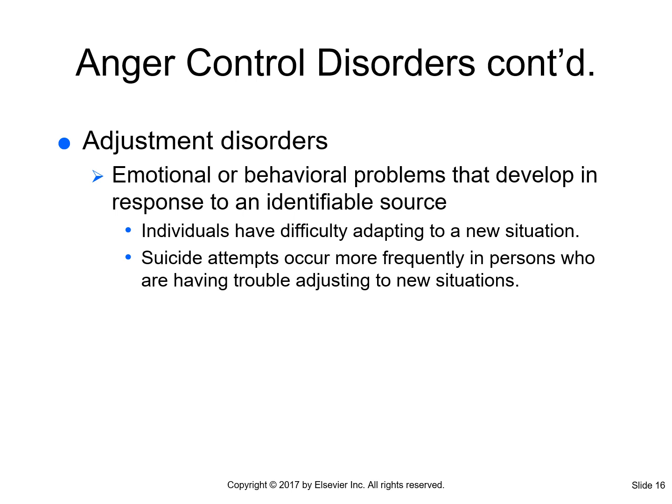Okay, adjustment disorders. These are emotional or behavioral problems that develop in response to an unidentifiable source. Individuals have difficulty adapting to a new situation and may even attempt suicide. Suicide attempts occur more frequently in persons who are having trouble adjusting to new situations. That's why it's called adjustment disorder.